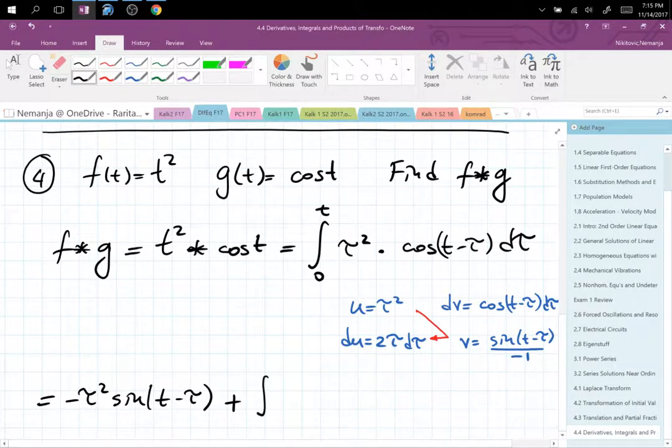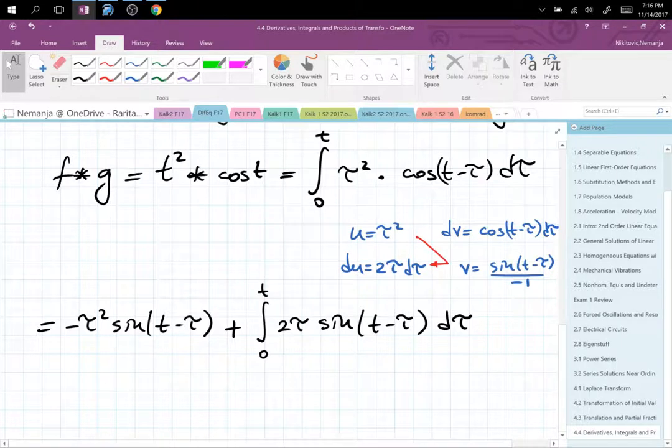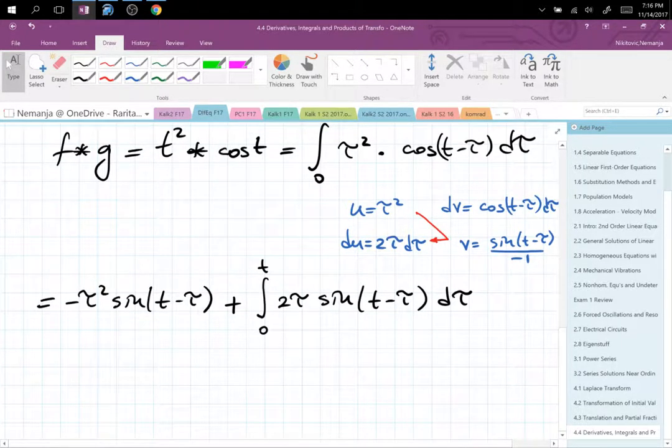And now we have the integral from 0 to t of 2 tau sine t minus tau d tau. And we have to do integration by parts one more time.